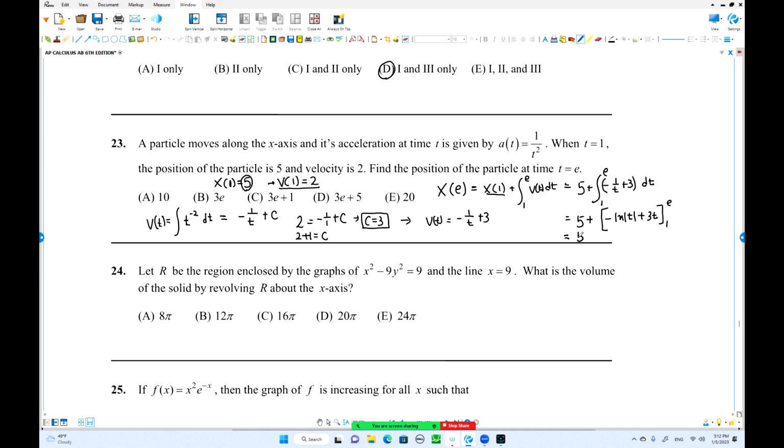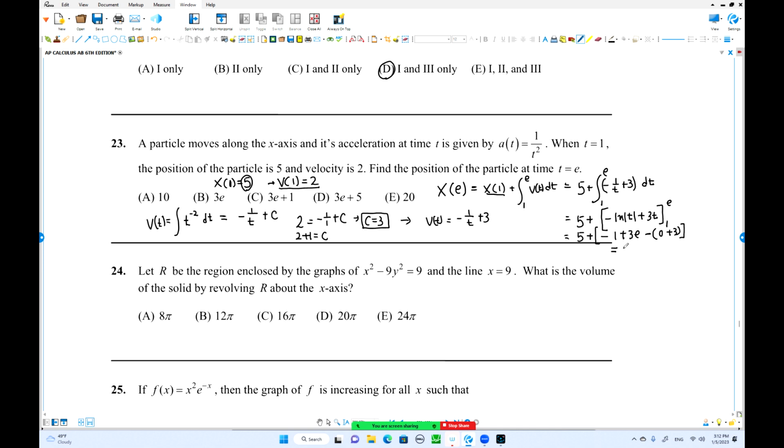Now let's find this one. 5 plus negative ln e. ln e is positive, so we don't need the absolute value. ln e is 1. And plus 3 times e is 3e. And the minus, you've got to be careful, we have a negative number: put the number 1 there, ln 1 is 0, and still plus 3 over here.